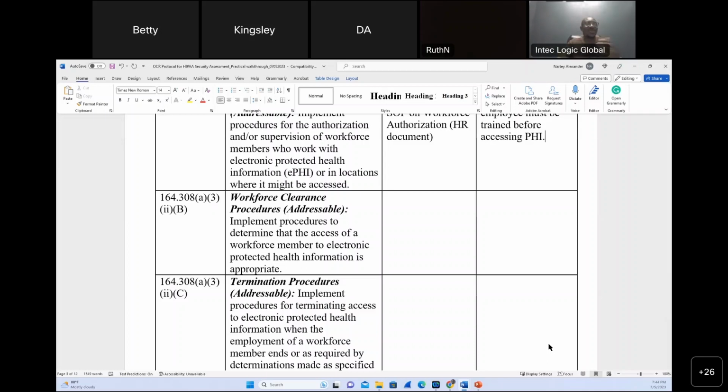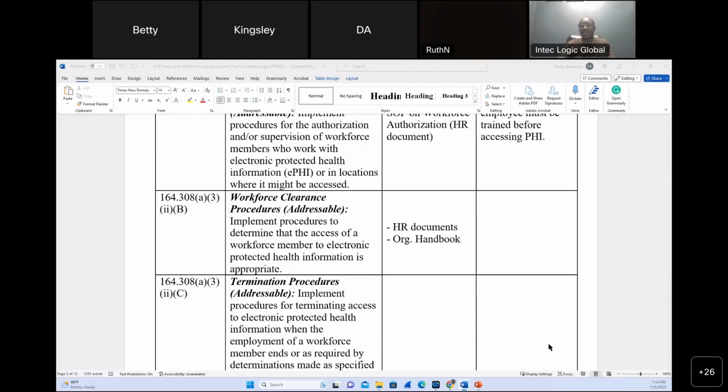Oh, okay. Some people can't wait. Okay, it's an HR document. That's correct, right? And sometimes the organizational handbook. They state those things in there, that per HIPAA, before people have access to PHI, you need to do a background check, right?